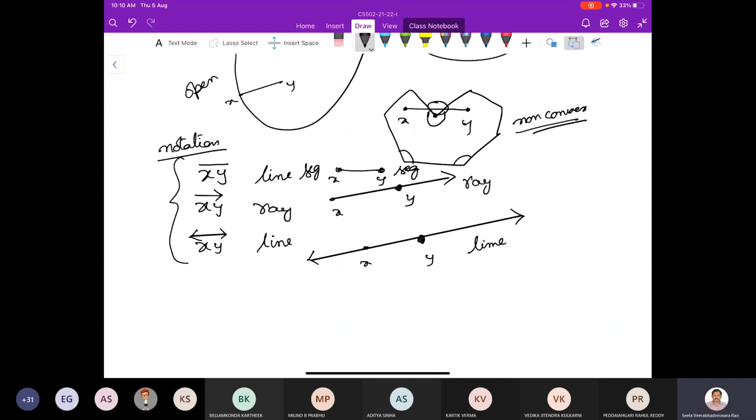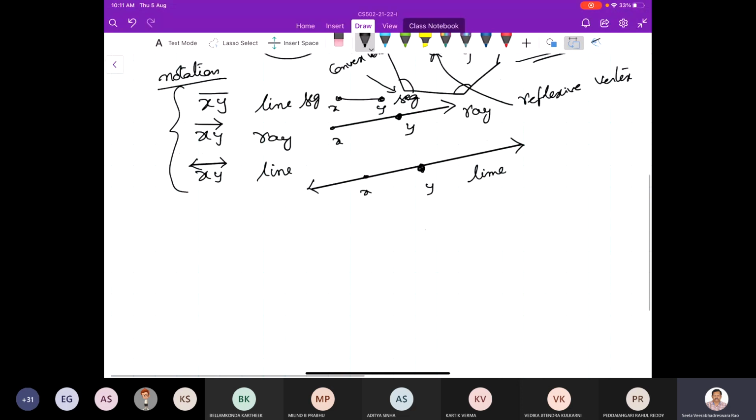Is that clear? So this is a reflex vertex, and this one is a convex vertex. These are the definitions. Whenever required, I'm giving definitions. Try to remember this.